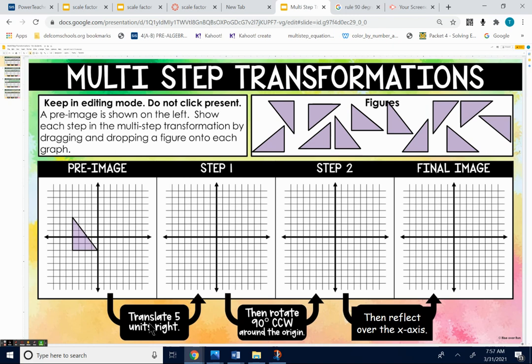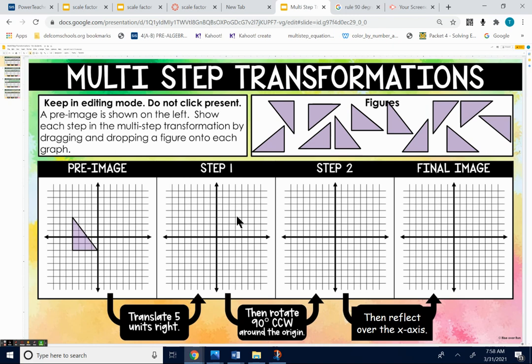This is going to be an in-class lesson, but let's do the first problem together. Part of it is just getting used to how the slides work in this type of problem. On problem number 1, we're going to start with this pre-image. We're going to translate it 5 to the right and put the image on the second graph.